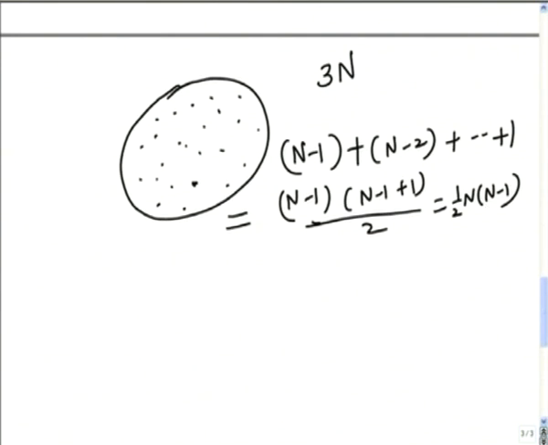Now for large n, obviously these total available equations, which are constraint equations, are more than 3n.